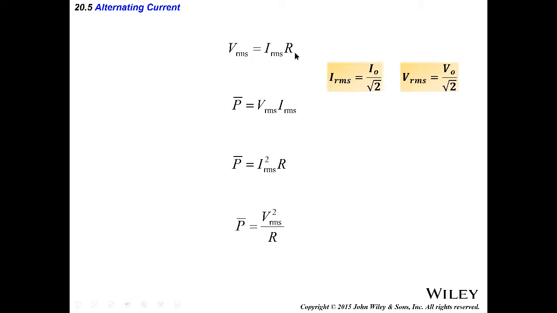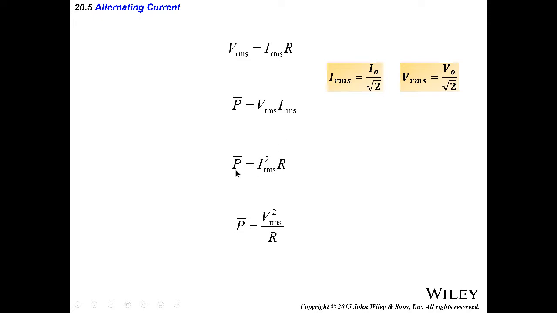So we now say V equals IR, but now the commercial reference, when they say this voltage is 110 volts, they mean root mean square, and current, they mean root mean square current. And if you are sensitive to what is the maximum I, what's the maximum V, then you better remember that there's a square root of 2. But otherwise, the engineers continue to say the average power used is VI, but you have to use root mean square.